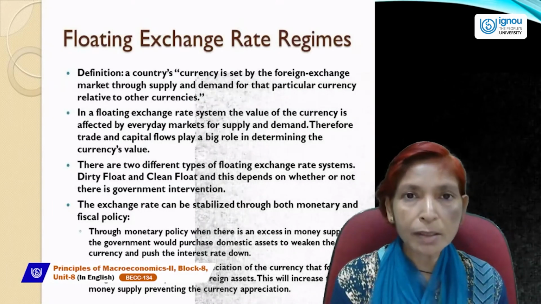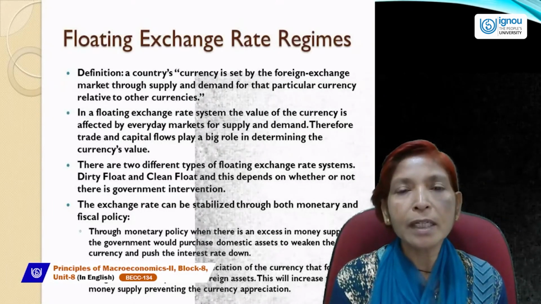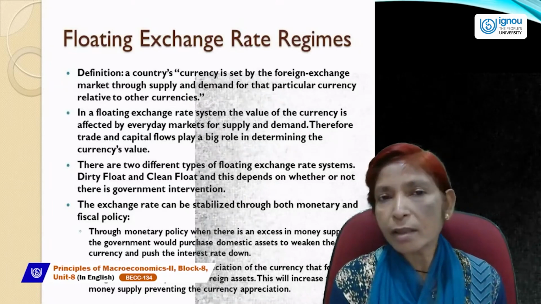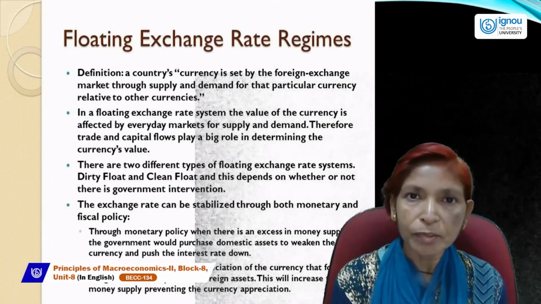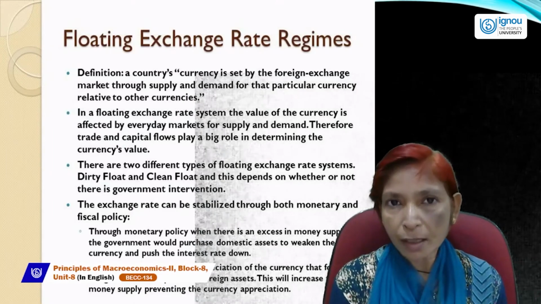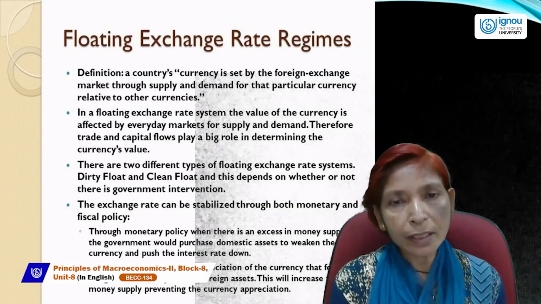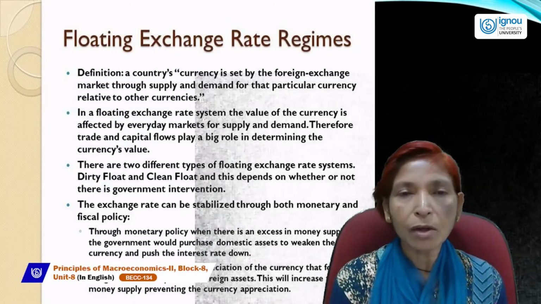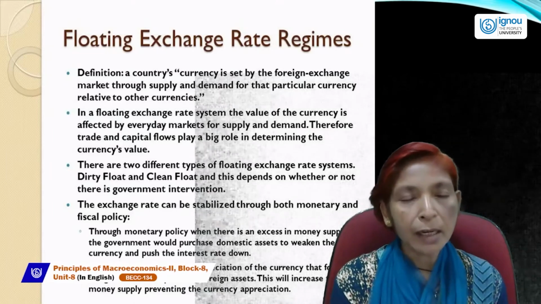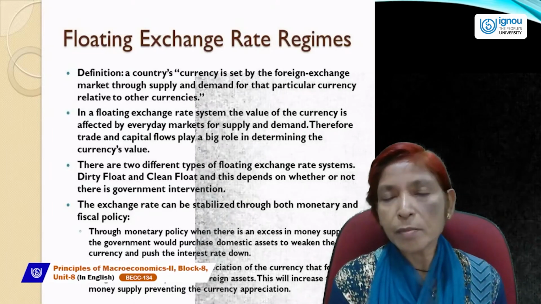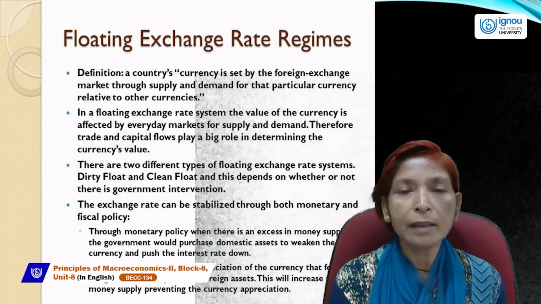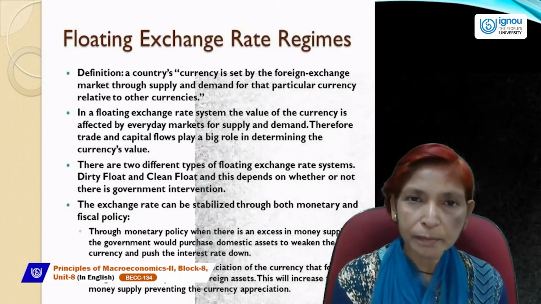And if our country's currency value is decreasing in terms of another country's currency, that is called depreciation. So decreasing the value of our country's currency in terms of another country's currency is called depreciation, and increasing it is called appreciation.